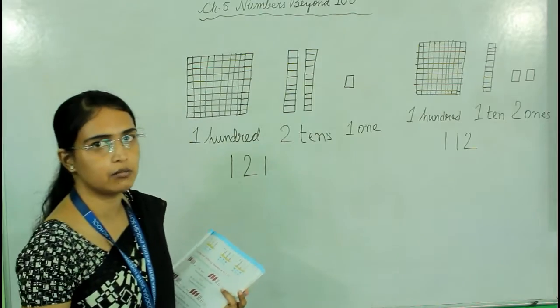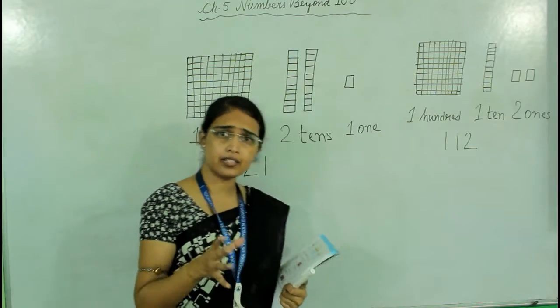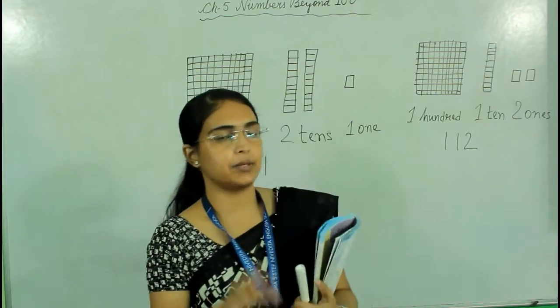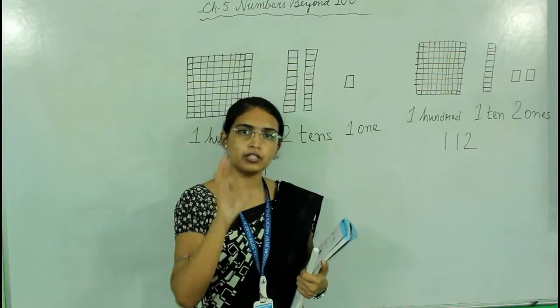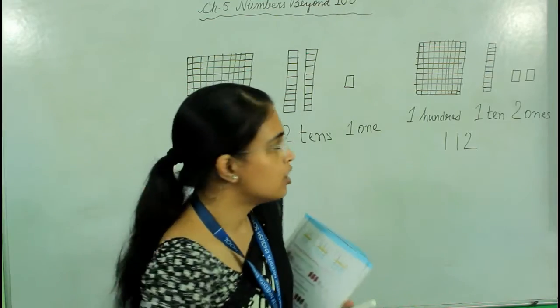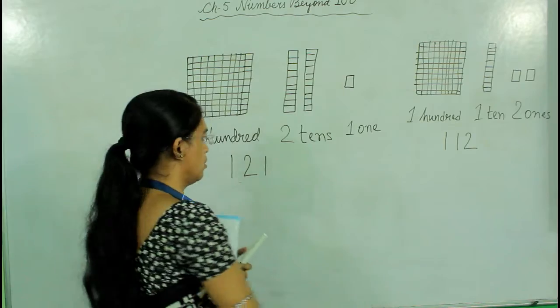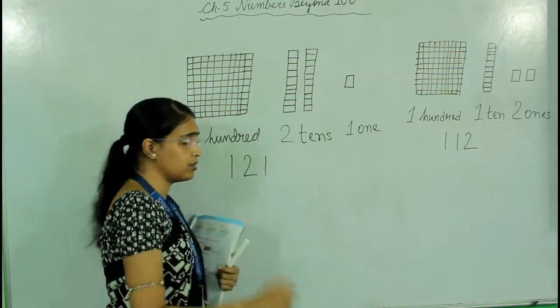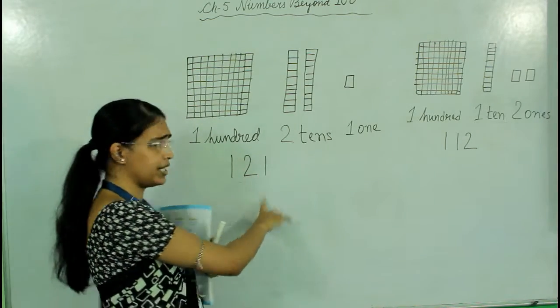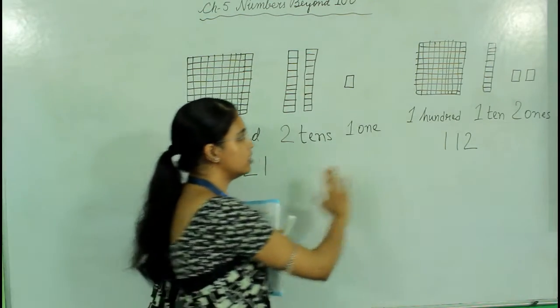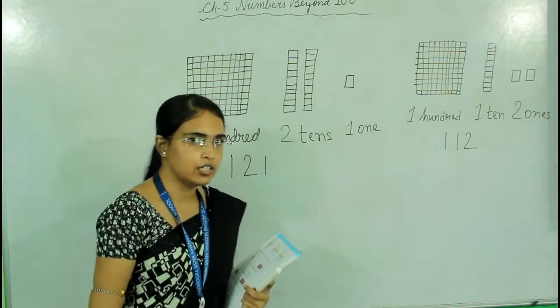Which one is the bigger number? Bigger means bada, okay? Bigger means bada and smaller means chota. We all know these things. So among these two numbers, which one is the bigger number? 121 is bigger than 112, right?